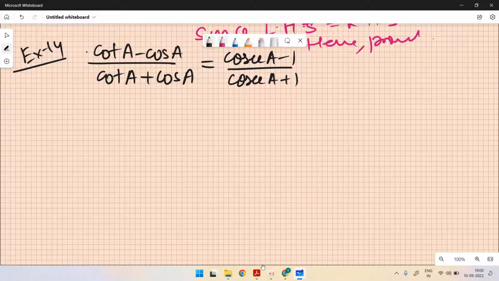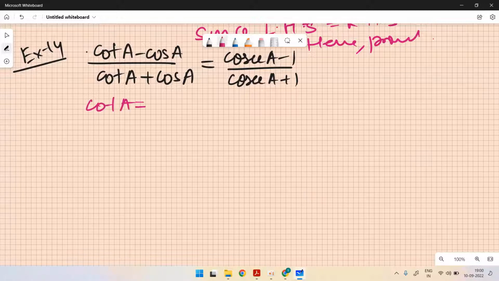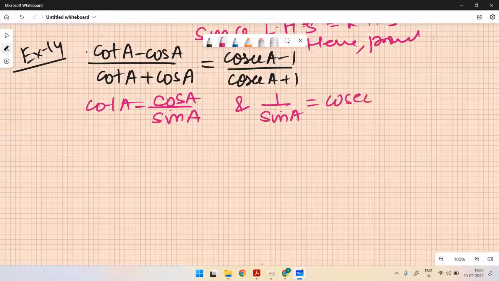Now you know that cot of A is nothing but cos A by sine A. And one more thing you know is that 1 by sine A equals cosecant A. So I'm doing LHS.